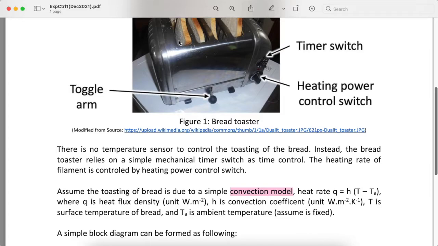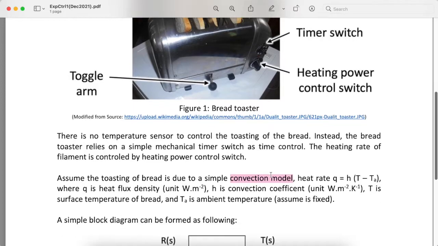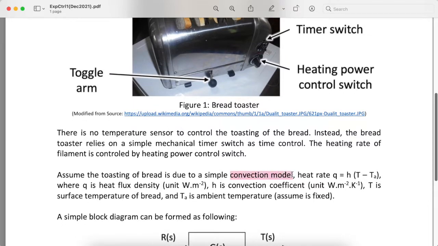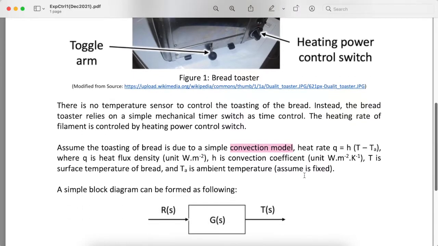So the main heating mechanism in this heat transfer would be through the heating of the air to the surface of the bread, as well as radiation. But in this simplified model, we just assume a convection model instead of using the radiation model, because at one point we can also combine the radiation as a simple convection model.